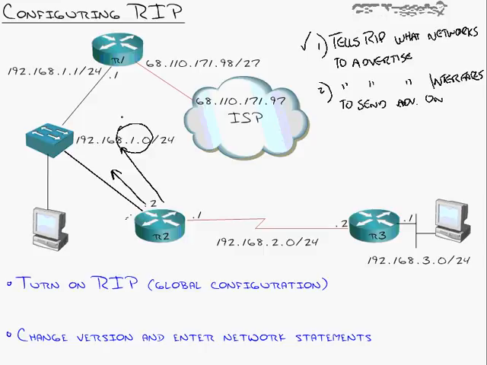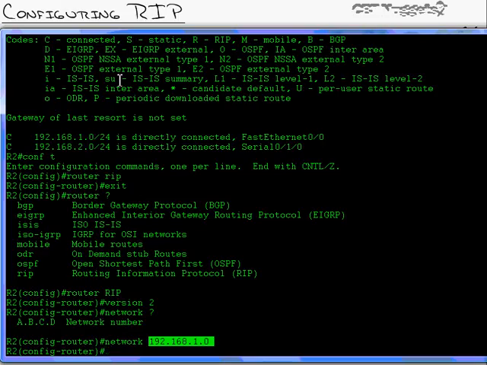Tells RIP what networks to advertise, which I said 192.168.1.0, and tells RIP what interfaces to send advertisements on. So since this interface starts with 192.168.1 something, this is the one that's going to send out broadcasts on. Now, it's kind of pointless in this case because the only person who's going to hear that information is router 1. And router 1 is going to say, well, that's great, but I already knew about the 192.168.1 network because I'm plugged into it too. Thanks. So what we need to do is we need to add more network statements.